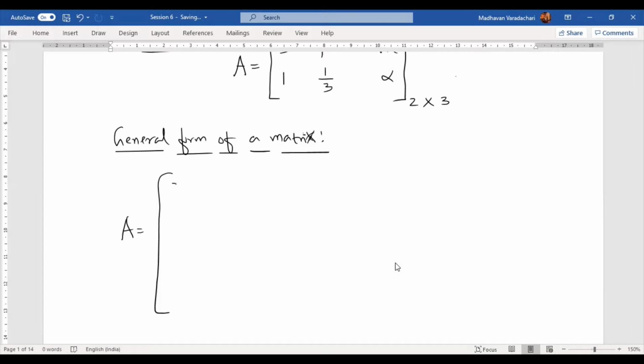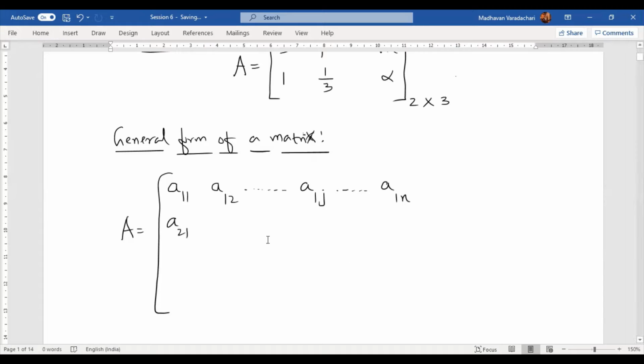So I will write the elements as A11, A12, and so on, A1j, and so on, A1n. So there are n columns, first column, second column, and so on, jth column, and so on, nth column.